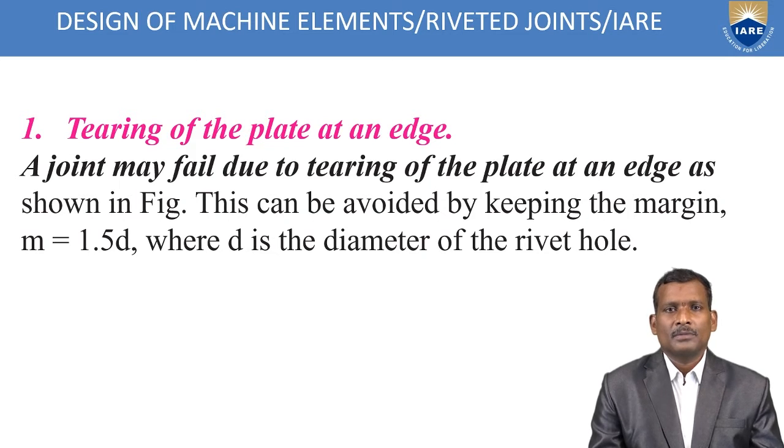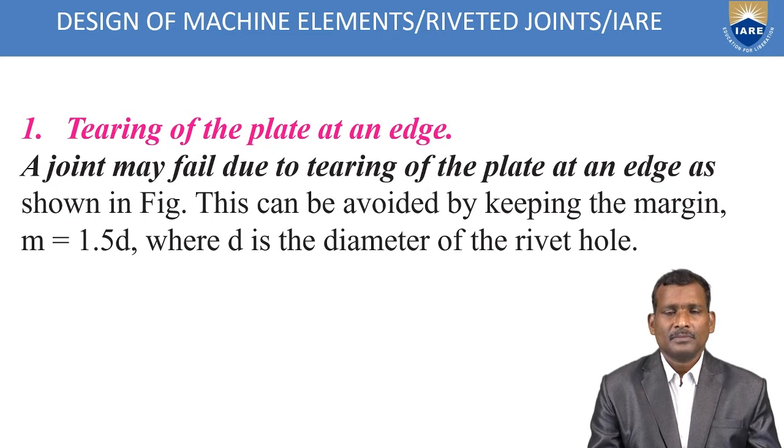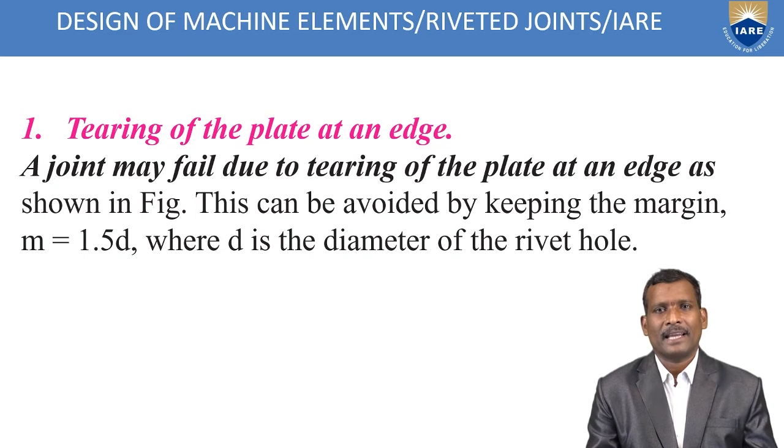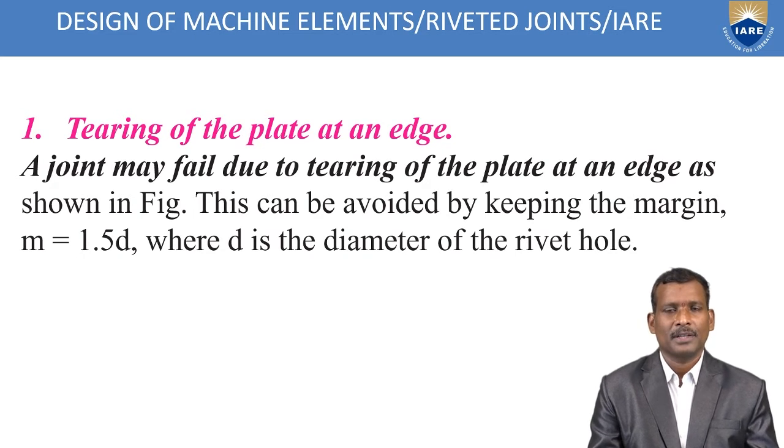There are many failures, like tearing of the plate at an edge. This is the first type of failure. In this type of failure, a joint may fail due to tearing of the plate at an edge, as shown in the figure.